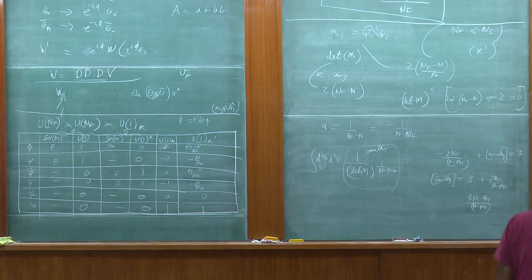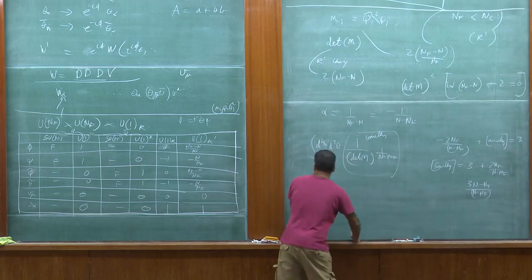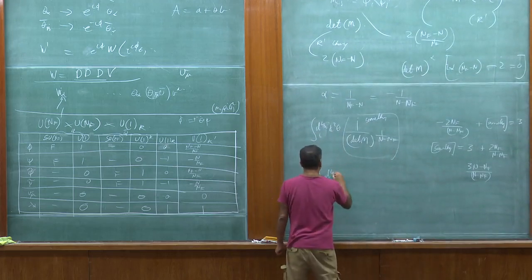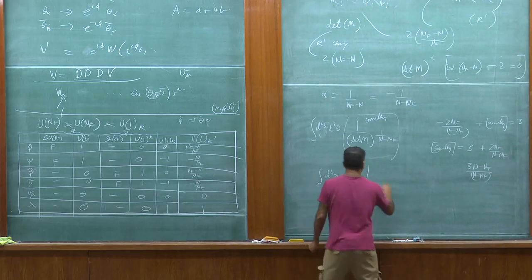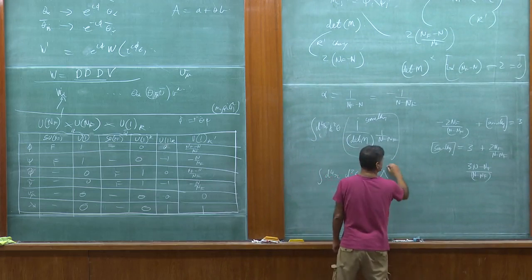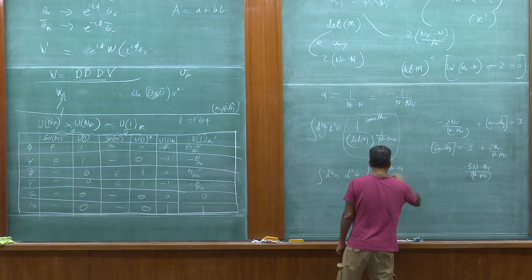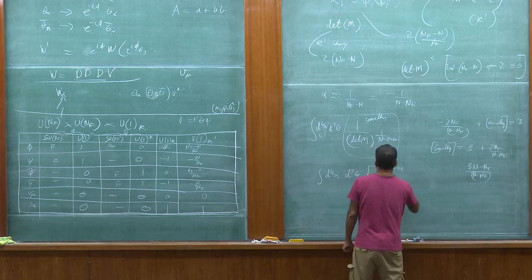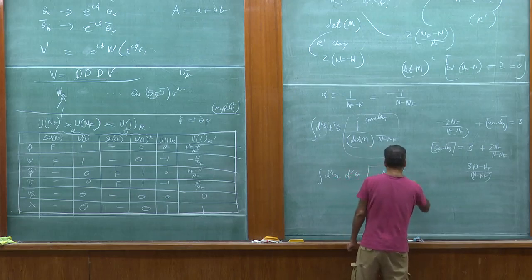So this theory here presumably has its own dynamical scale. Let's call that scale lambda. We won't add the QCD because this is not QCD, but it's a supersymmetric cousin of QCD. And so what must be happening is that this superpotential here is d4x d2 theta lambda to the power 3N minus NF over det M to the power 1 over N minus NF.